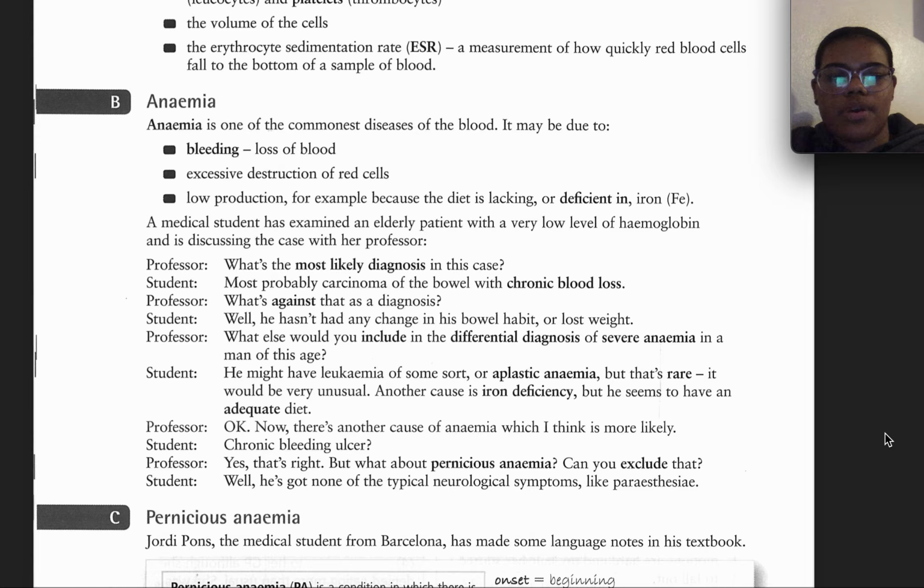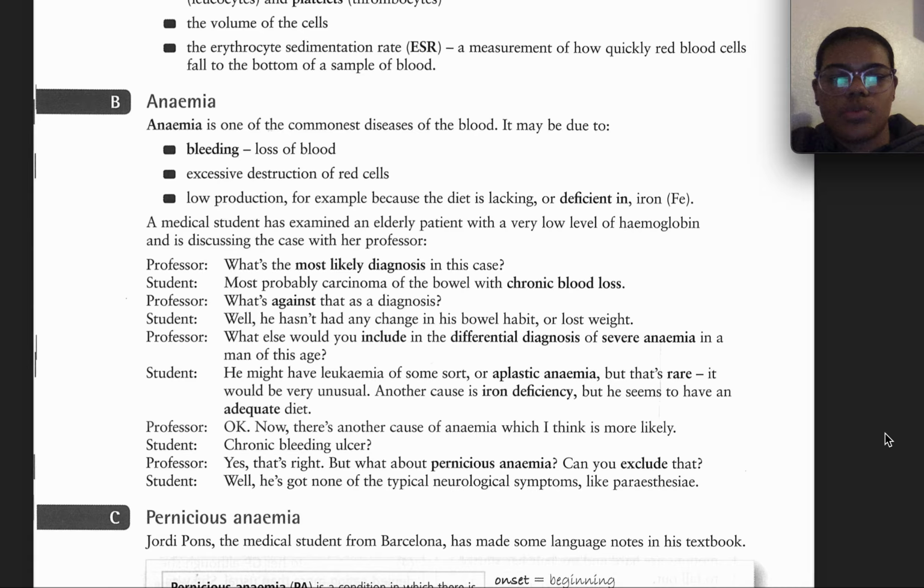Student most probably carcinoma of the bowel white with chronic blood loss. Professor was against that diagnosis. Student, well, he hasn't had any change in this bowel habit or lost weight.